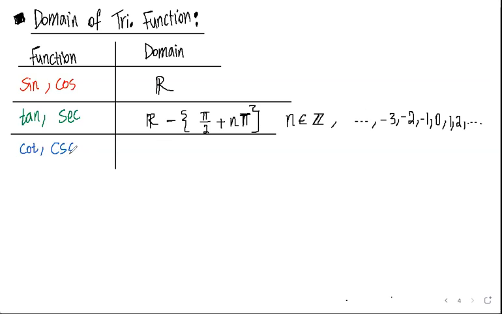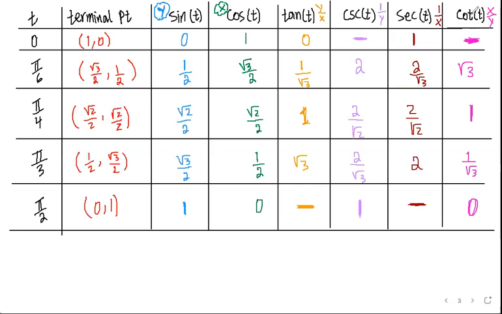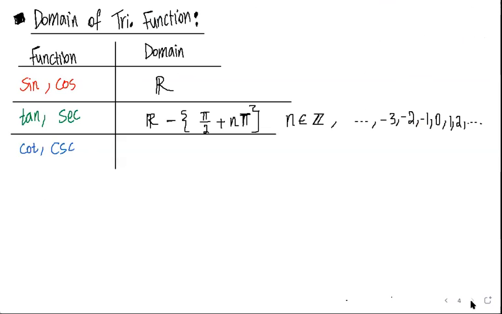For the cotan and cosecant, cotan has a problem here and cosecant has the same thing. So for 0, the function has issues, we cannot plug in 0. This means the domain is R, all real numbers, except n pi.